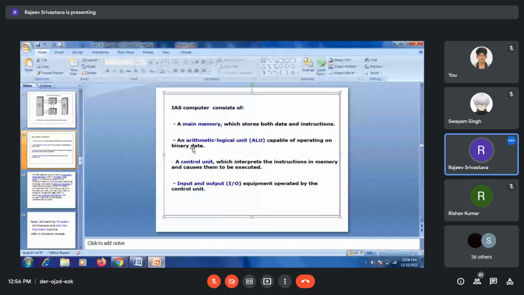So whether it is 3 plus 5, it will be converted to binary. Even the plus will also be converted to binary, remember. So 3 will be converted to binary, 5 will be converted to binary, and we have to develop some kind of binary sequence for plus. 3 is 11, 5 is 101.